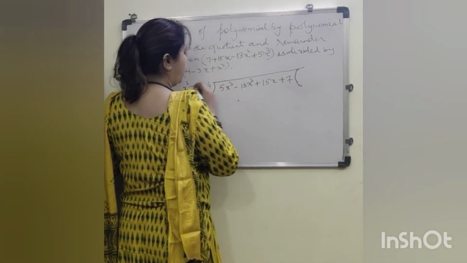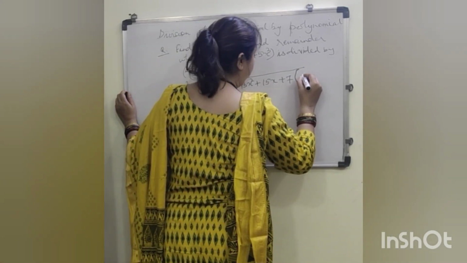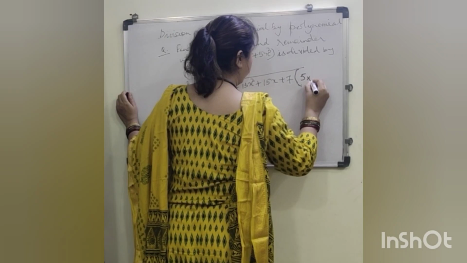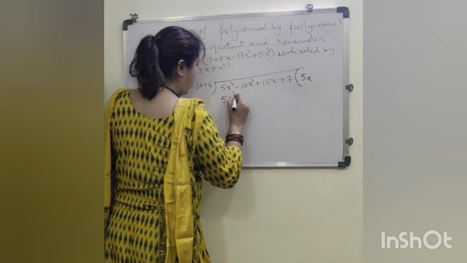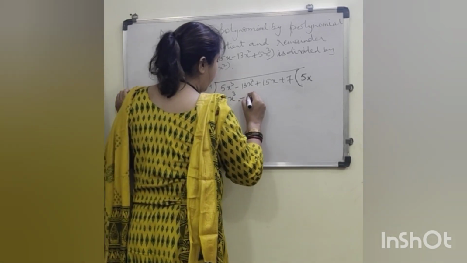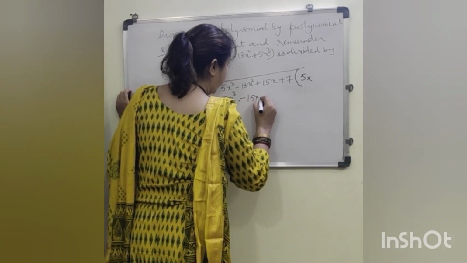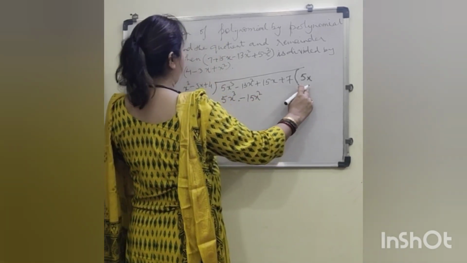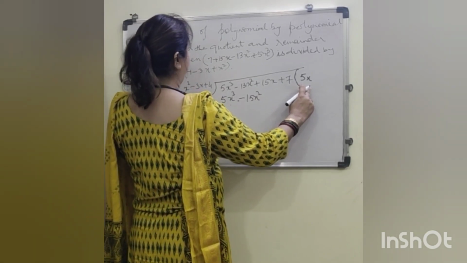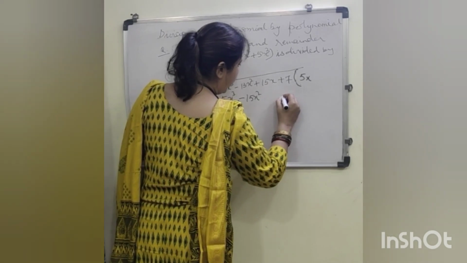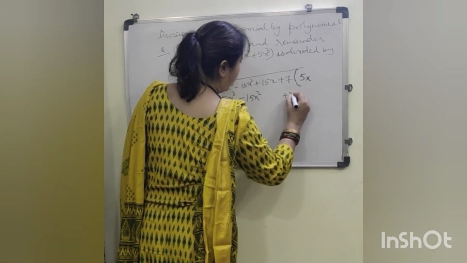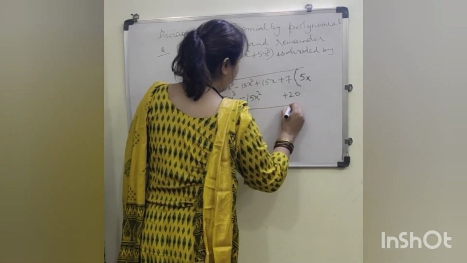So x square, you need 5x. So this is 5x cube minus 15x square, because this 5x will be multiplied to this minus 3x also. And now 5x with plus 4, that is 20. So we will write plus 20 over here and solve.